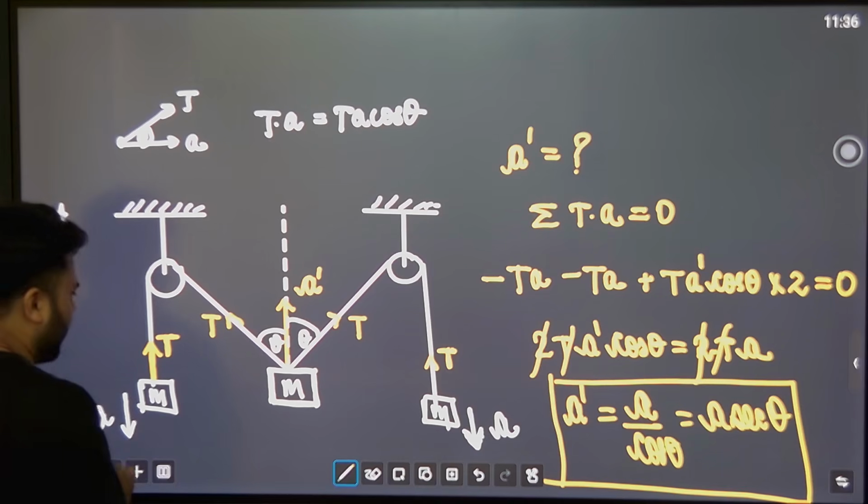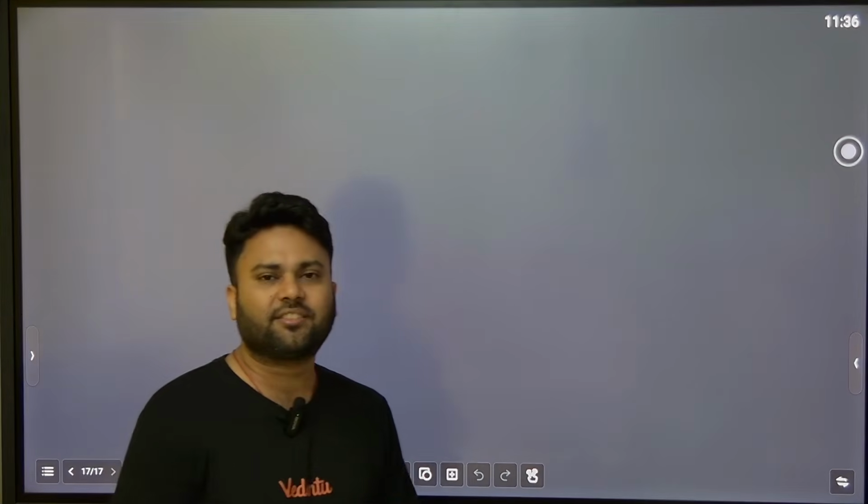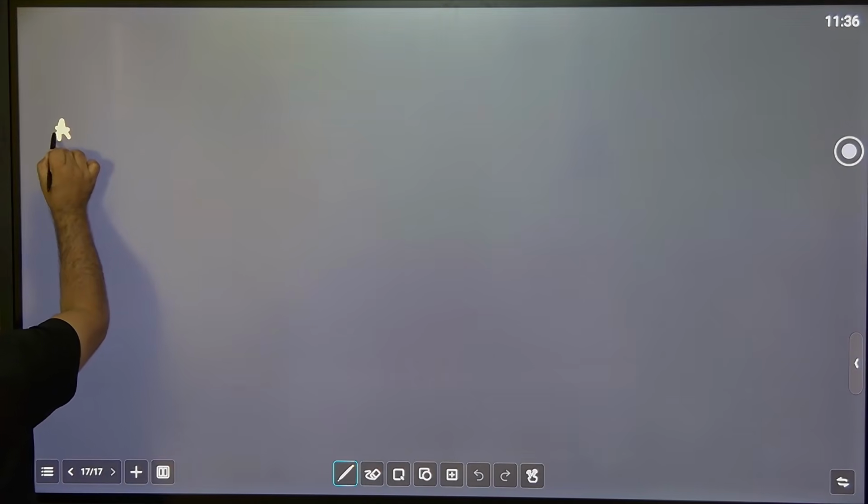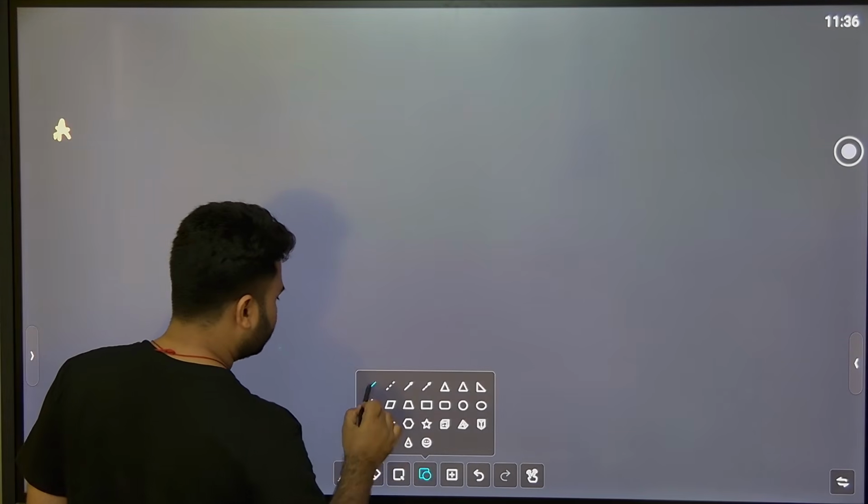One last example I will take and I will conclude this work, energy and power chapter. Suppose we have this kind of arrangement.